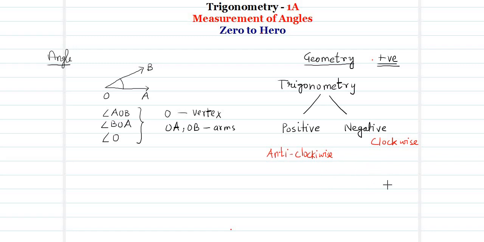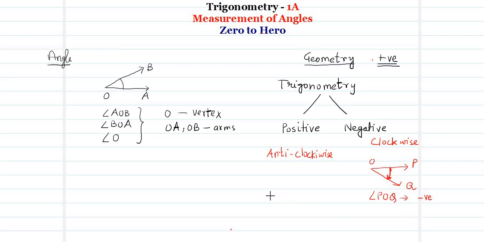For example, suppose OP is the revolving line and after rotation it comes to the point Q. That means the rotation is in clockwise sense. You can see the arrowhead, and then you can decide that the rotation is in clockwise sense. So we call this particular angle POQ a negative angle. What type of angle? Negative angle.